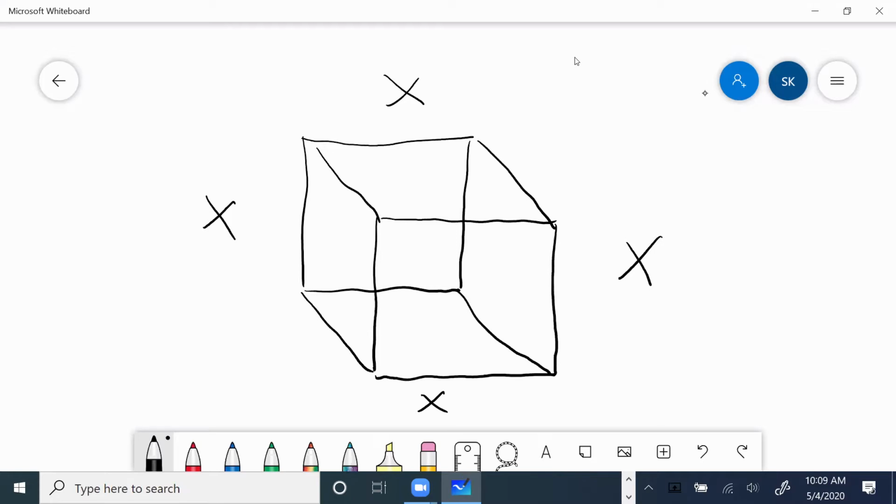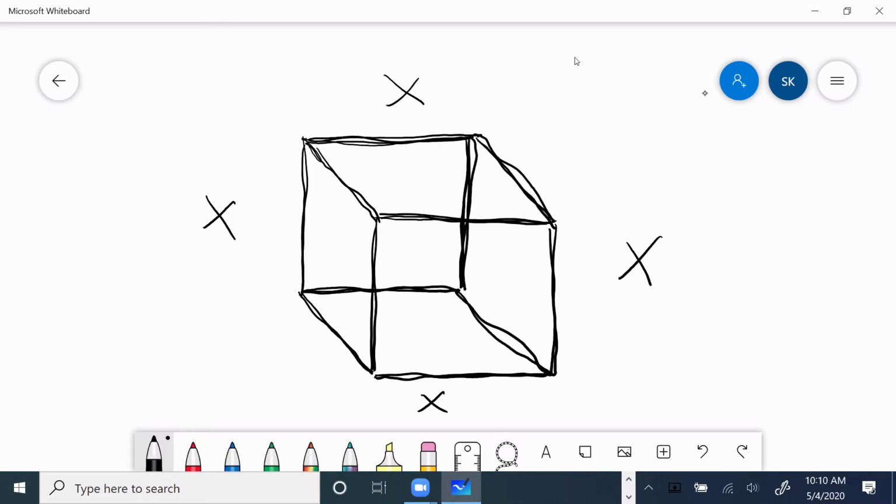Okay, this is the structure. This is exactly what we call the unit cell of single crystal silicon. The silicon that we were talking about is in a single crystal form, and single crystal form is exactly like this.